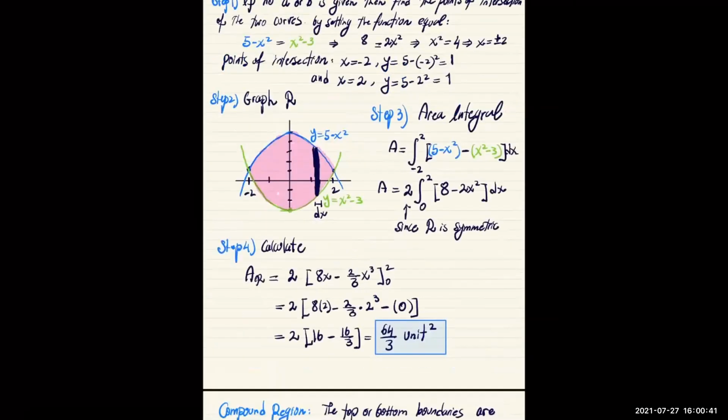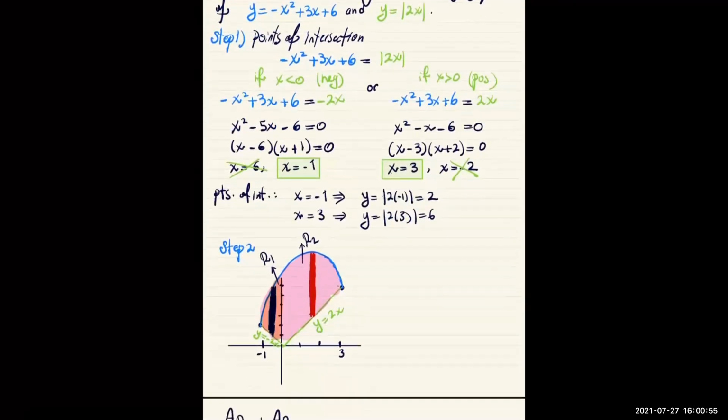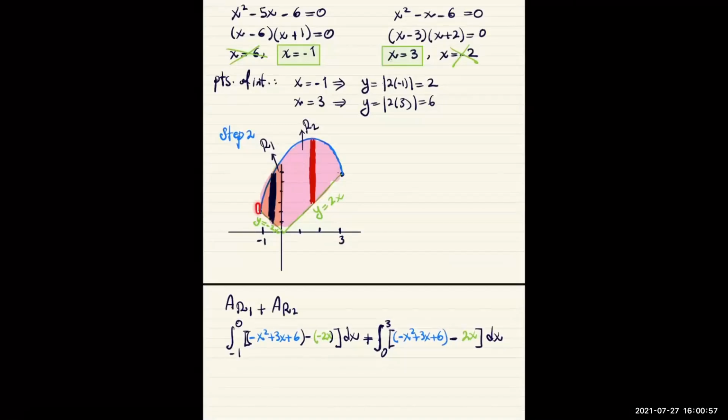Like what we have here. No matter where I draw my strip, the top is the blue graph and the bottom is this graph. But for this graph, the top is always the same throughout the region, but the bottom bound changes.